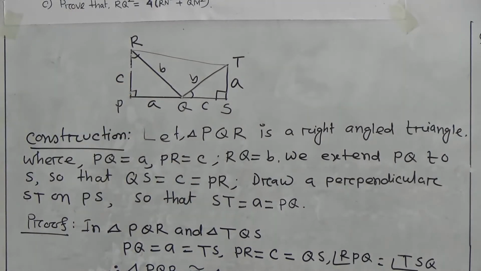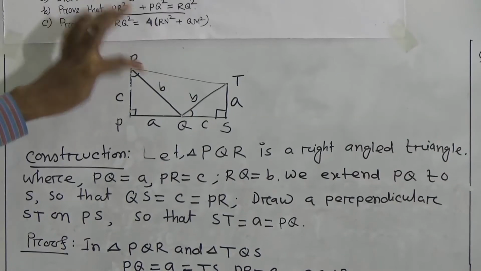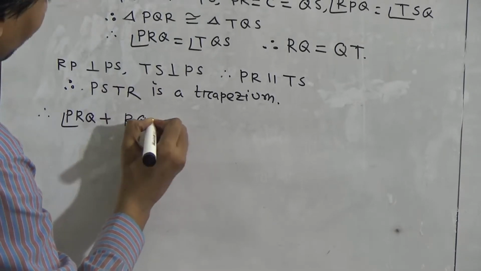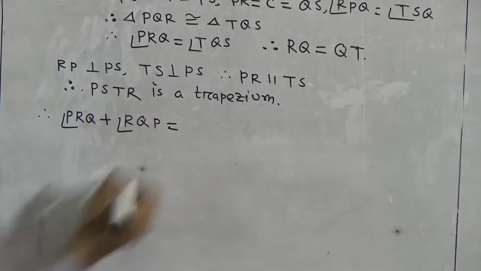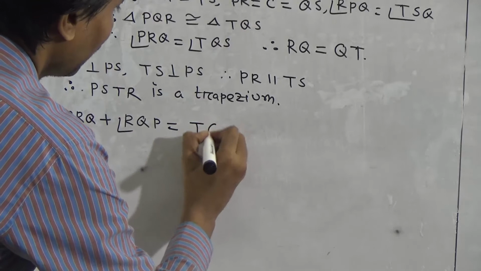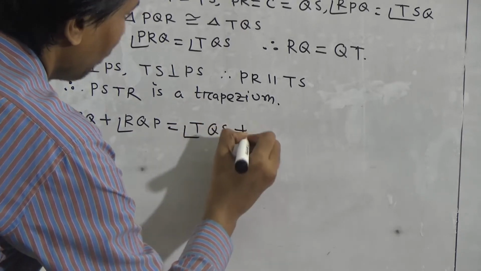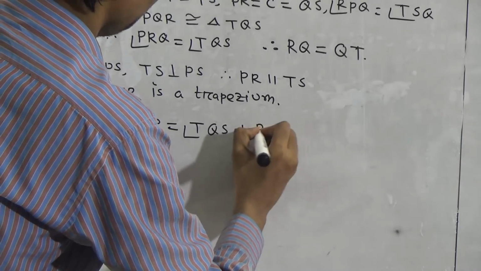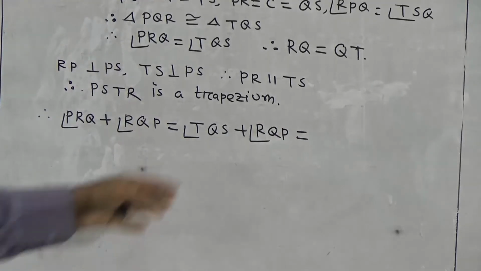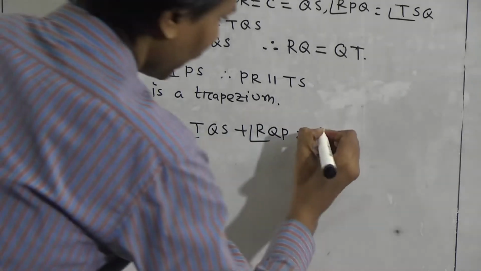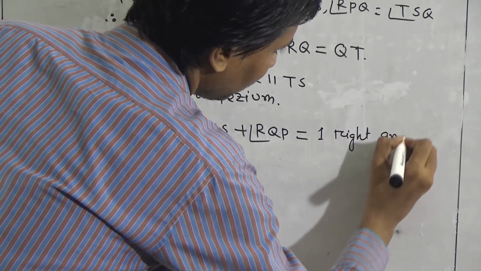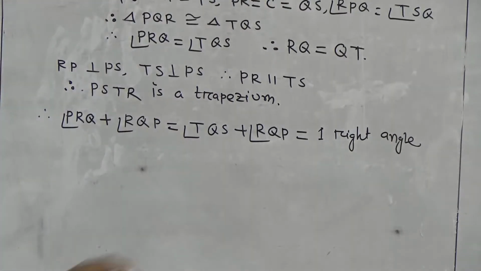That means we can say PRQ plus RQP. You see, dear student, PRQ equal to what? TQS. Right here, TQS plus RQP. This is equal to what? I told you this is equal to 90 degree or one right angle. Okay, one right angle.